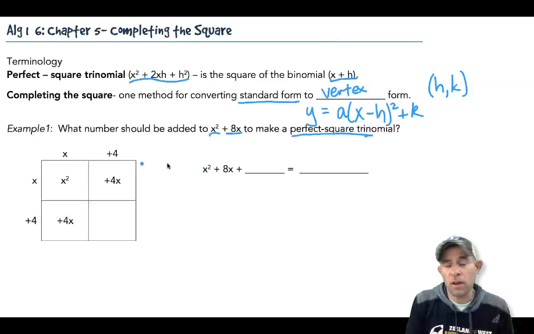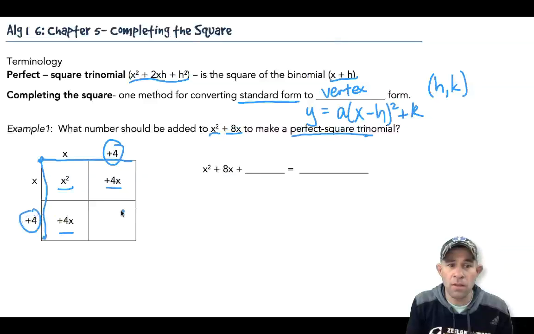The way we do that is we're actually going to take a look at this visual of a square, and that's where we get this idea of completing the square. In our first row, column 1, we have x times x, which is x squared, plus 4 times x, which is plus 4x. Down here in row 2, column 1, we have another plus 4x. If we multiply our last row and last column, we have 4 times 4, which is 16.